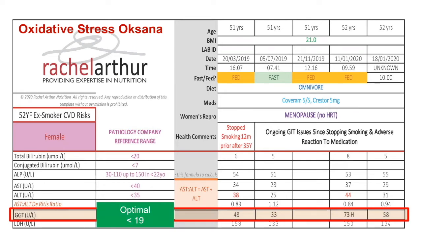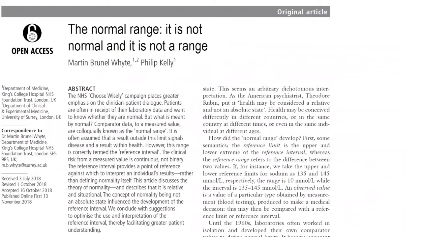While the pathology company didn't flag her GGT as consistently being really out of whack, and the RCPA said, look, it's a little bit out of whack for a female, we can be much clearer by looking at this goal of the independent research and this definition of what healthy looks like. And again, that is all in the template for you. So those results really narrow those goalposts and really help us to make meaningful comparisons for our patients in terms of their results.